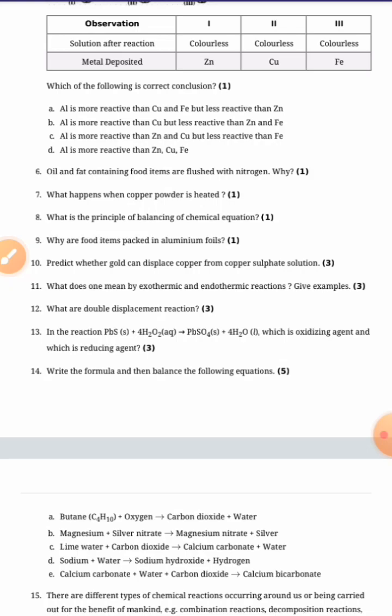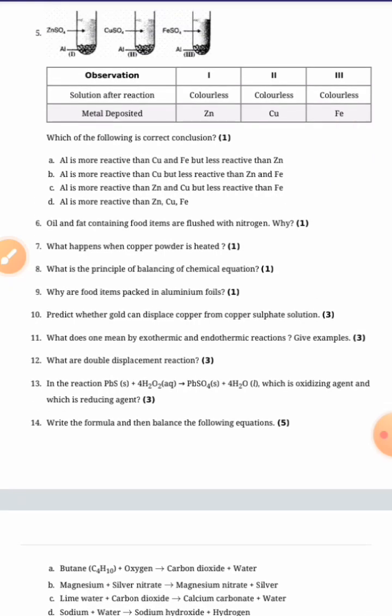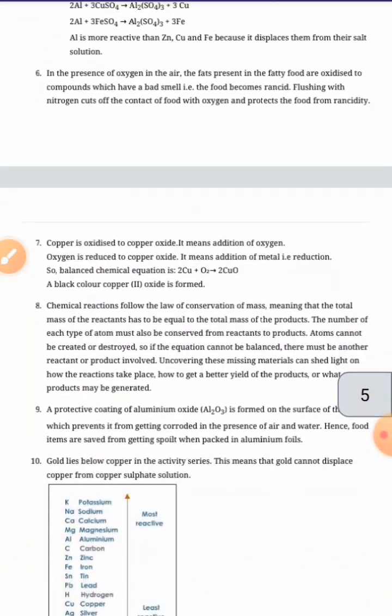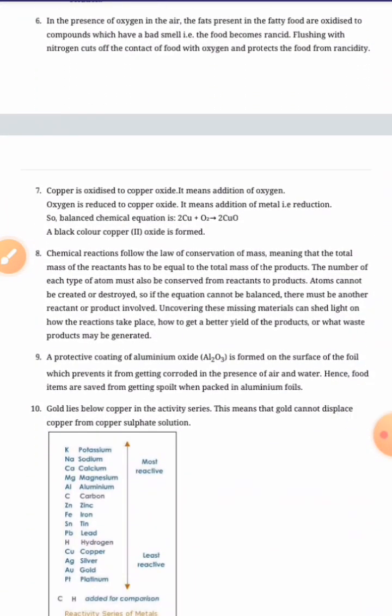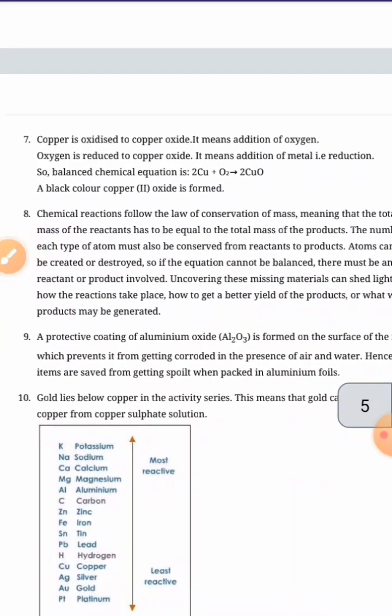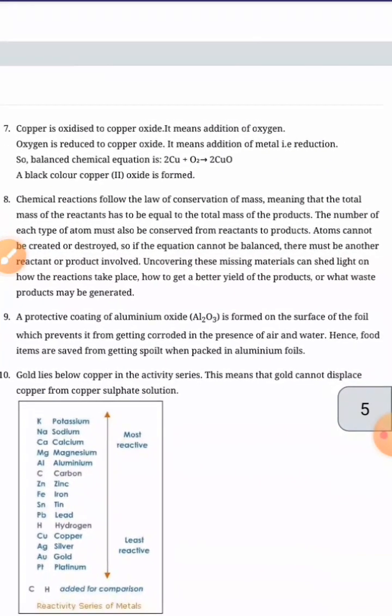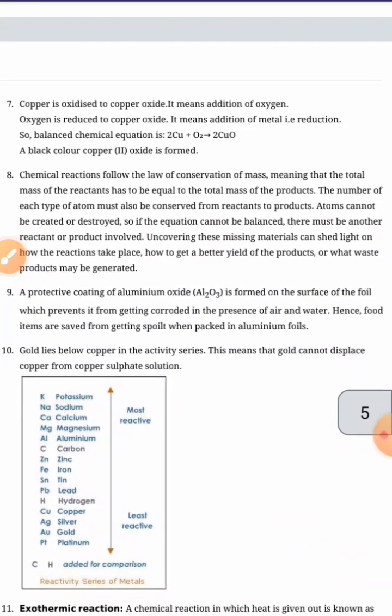Question number 8. What is the principle of balancing a chemical equation? The chemical reaction follows the law of conservation of mass, meaning that the total mass of the reactants has to be equal to the total mass of the products. The number of each type of atoms must also be conserved from the reactants to the products; atoms cannot be created or destroyed.